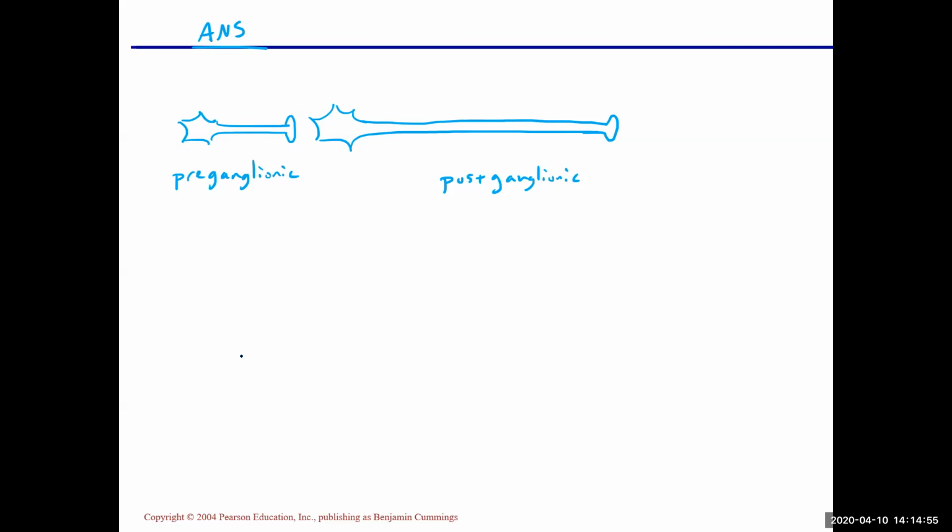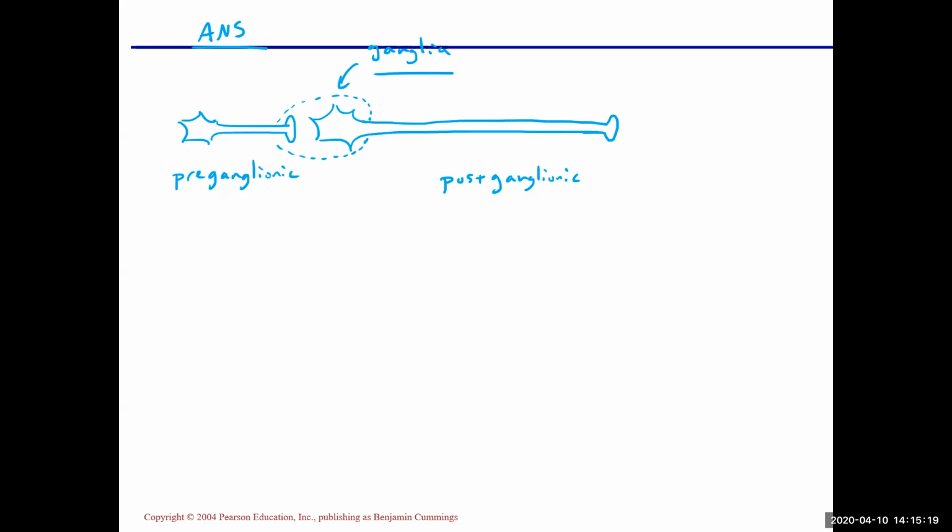The reason we call it ganglionic, and not presynaptic neuron and postsynaptic neuron, is because you have some kind of connective tissue in here, and this is called ganglia. For a better picture, you could Google it or look it up. This is the ganglia.